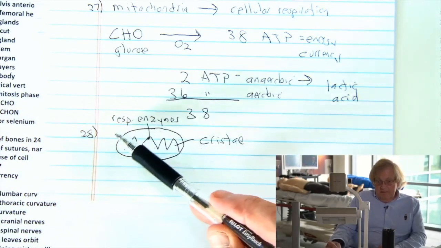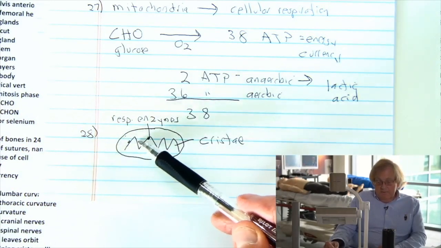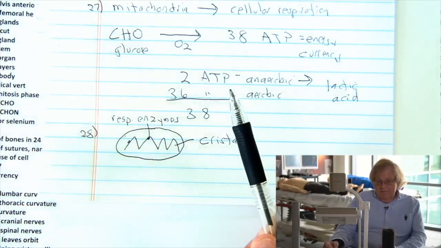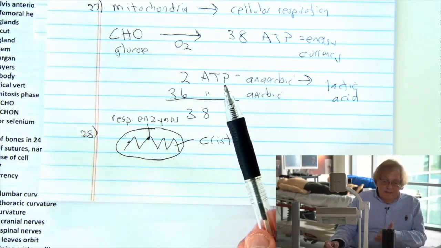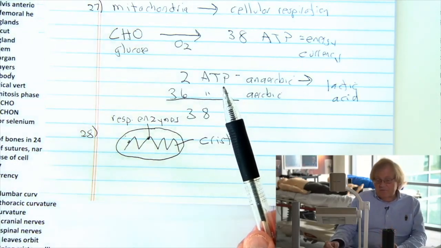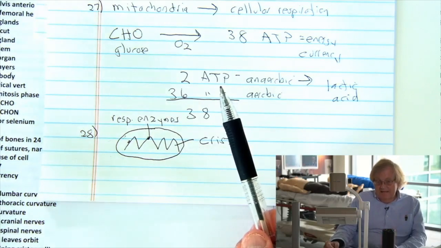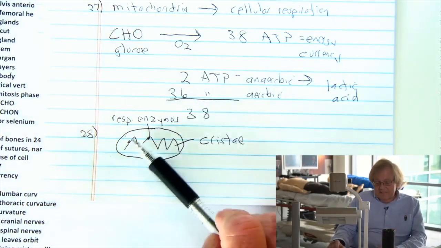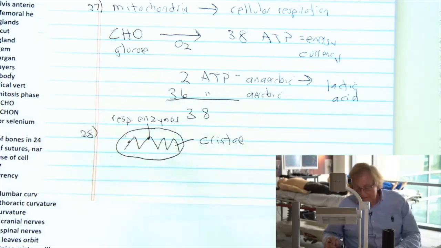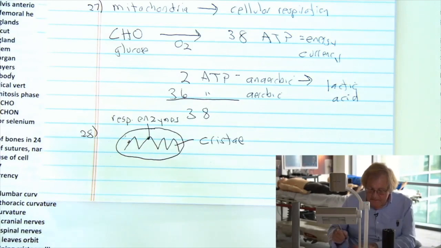So you can imagine just folding a sheet of paper that was 8.5 by 11. If you folded it in 8 separate times, instead of having 8 times 11 or 88 square inches, you could probably have 10 times that, or 880 square inches. So that's the significance of these foldings inside of a cristae for respiratory enzymes.